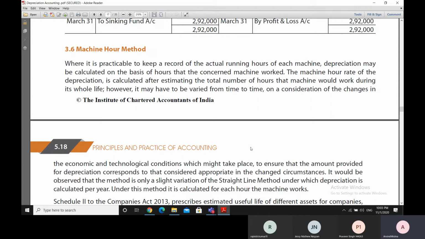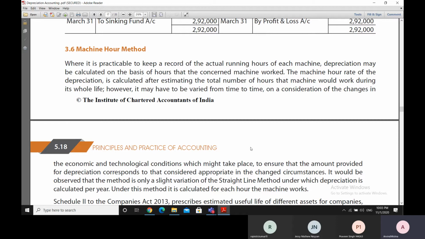So the machine hour rate of depreciation can be calculated after estimating the total hours that the machine would work during its whole life. So this estimation has to be made here with how many hours the machine will work. And on the basis of this estimation, the depreciation rate for every machine hour that the machine is going to run can be calculated.